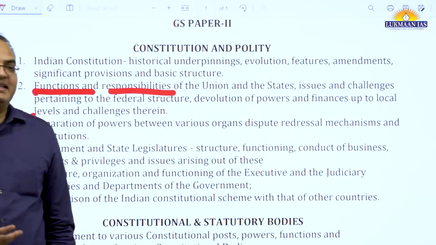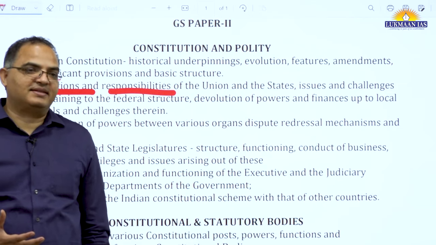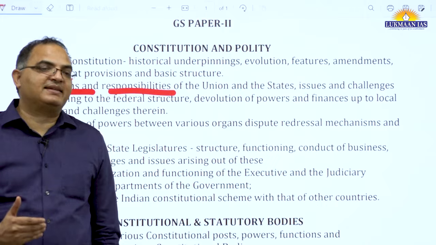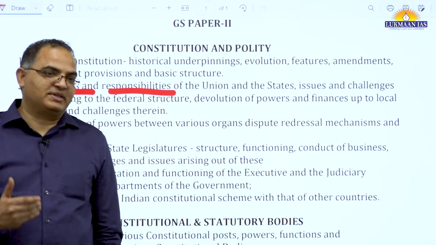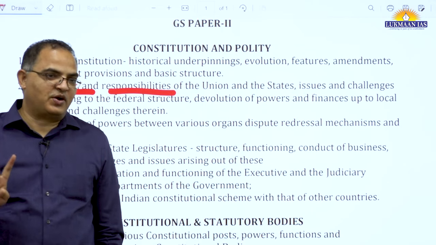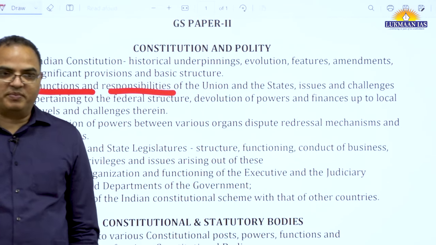We say monarchical state, theological state. We do not use the term state per se. The state has four constituents: population, territory, sovereignty, that is independence in lawmaking, and government.